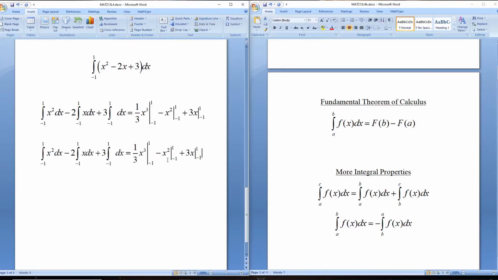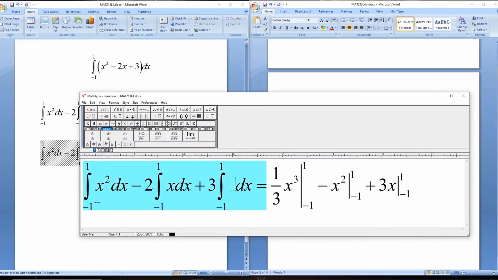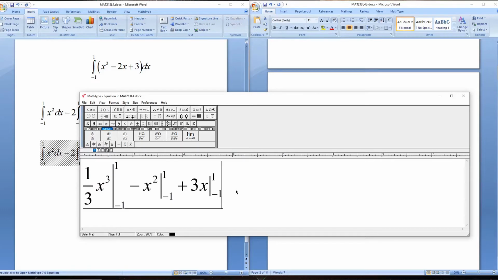Let me take this line again. I'll just get this out of the way. So let's do that. Now there's something else here that's true, which is that if the bars are all the same, and in this case they are all the same, meaning they all go from -1 to 1, we can just use 1 bar to represent all of that.